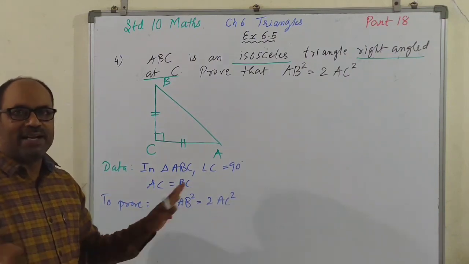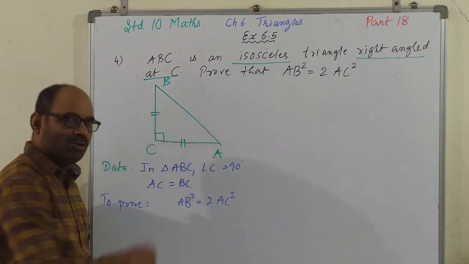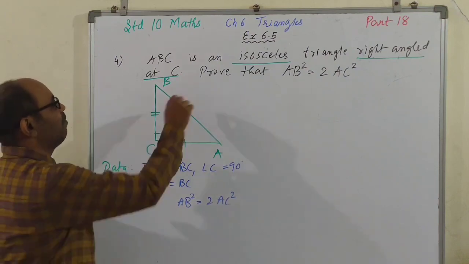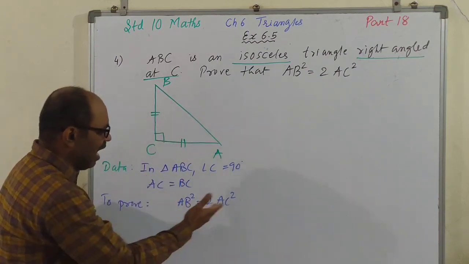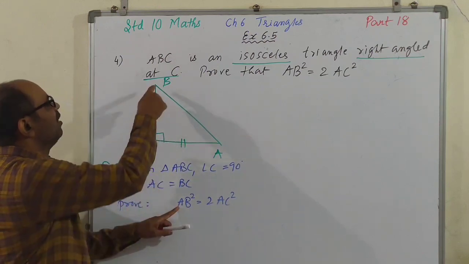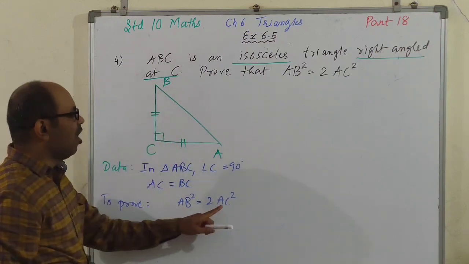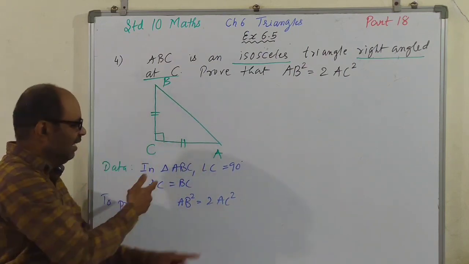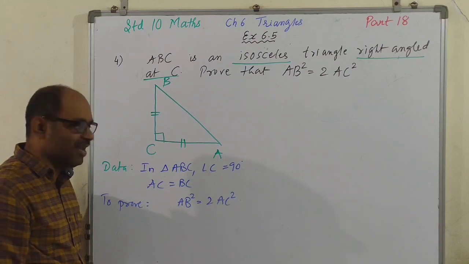Geometric mean result nahi lenge kyonki altitude to hai nahi, perpendicular to hai nahi, and if we want we can take perpendicular CM, lekin yahan to koi altitude hai hi nahi. AB square, ye hypotenuse square, and AC square, one of the sides forming, and AC is equal to BC because this is isosceles triangle.